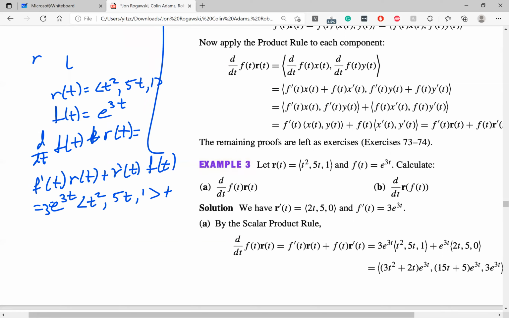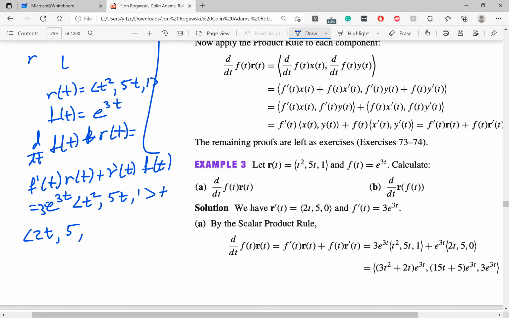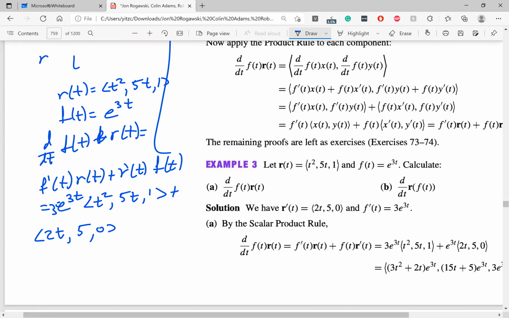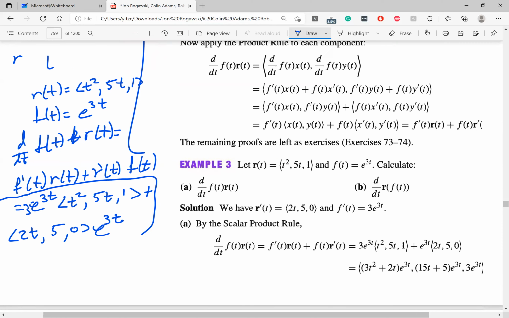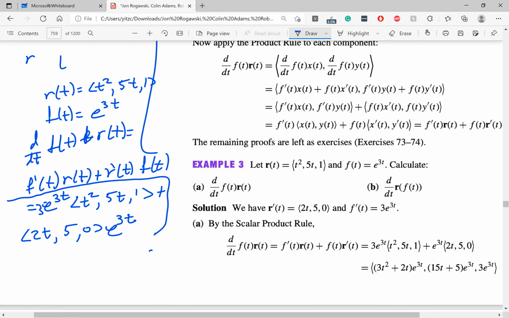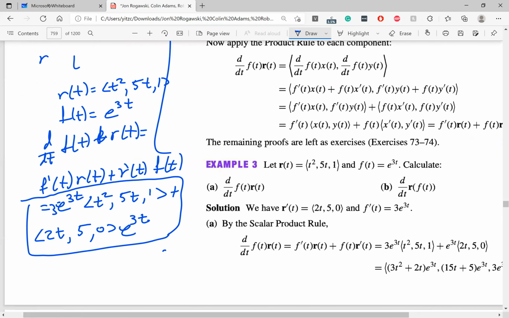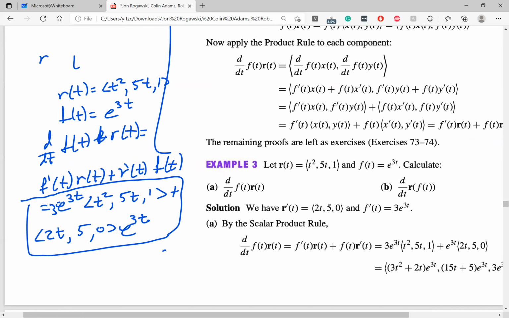Plus the derivative r prime of t is 2t, 5, and 0 times f of t, which is e to the 3t. And so here's your answer. Any questions? Yes. It's okay if you leave it like that.